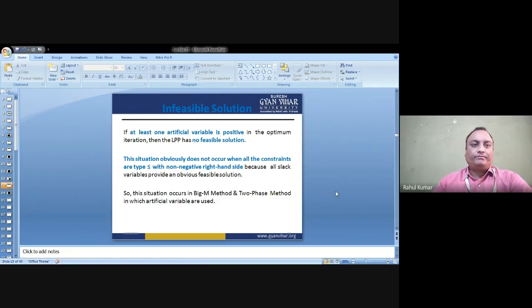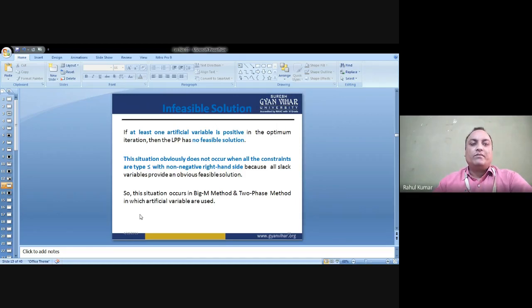In this case, if at least one artificial variable is positive in the optimum expression, the linear programming problem has no feasible solution.